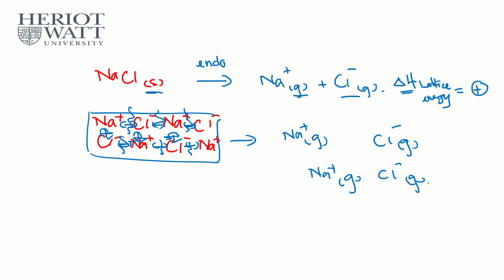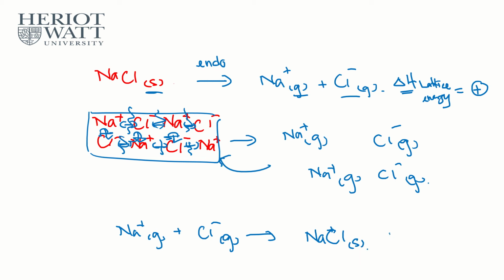So we can look at this reaction in the reverse direction, where we can change gaseous sodium ions and gaseous chloride ions back into the solid. Okay, so from these we combine them and then they arrange in an NaCl lattice structure like just now, so going backwards. So what do we call this?